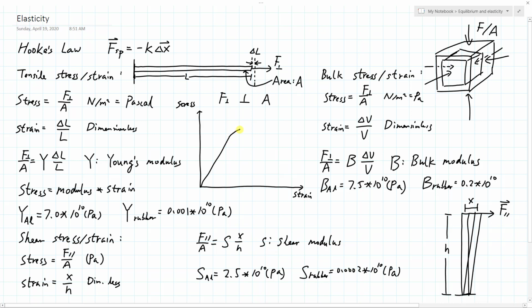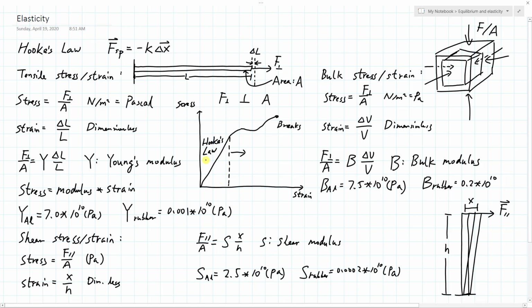It starts to curve, and then it does some interesting things, and then here it breaks. Within this range, this is the range of proportionality. So this is Hooke's law. Beyond this range, Hooke's law no longer applies.